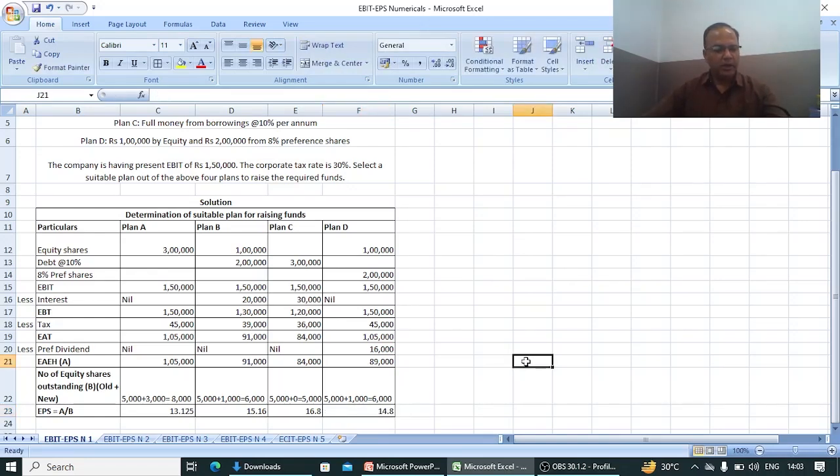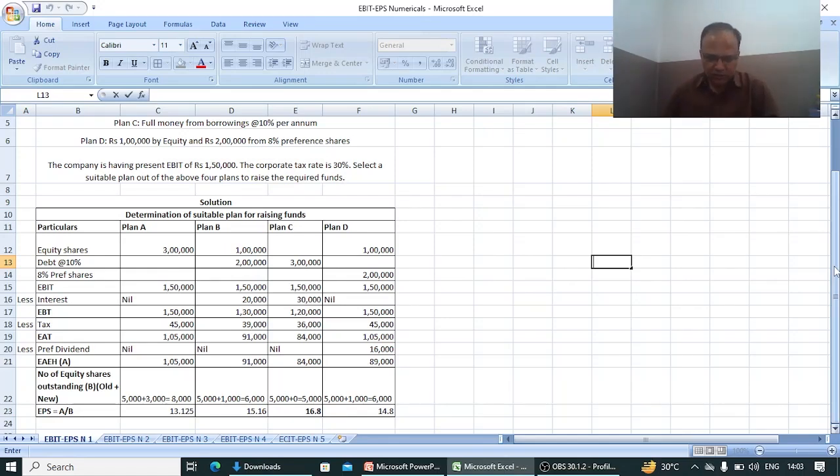Now, I think it's very much clear that 16.8 is the highest EPS. So, we will prefer to get rupees 3 lakh by debt.